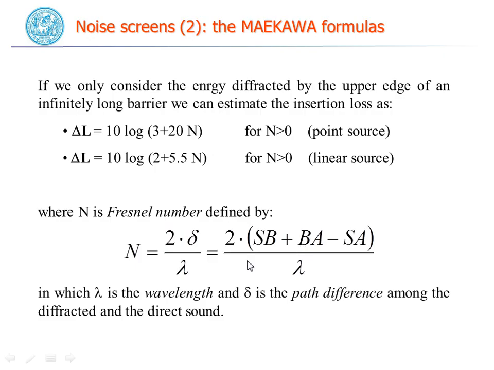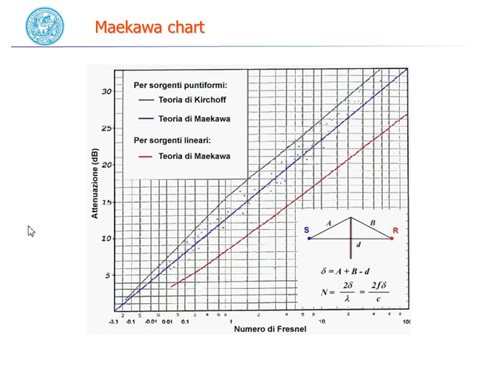In the next slide, we can see a drawing that may make it more clear. This delta is the difference between the sum of A and B minus this D, that is the length of the direct path.